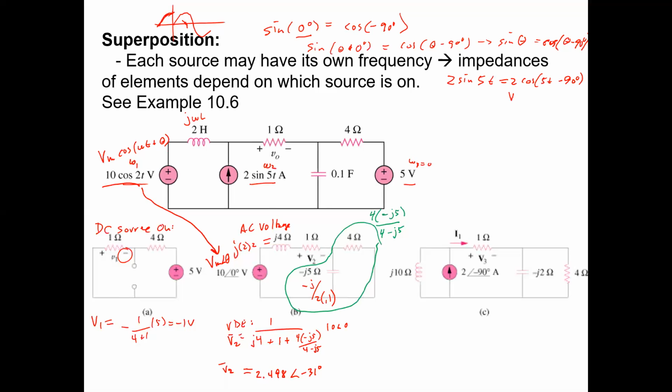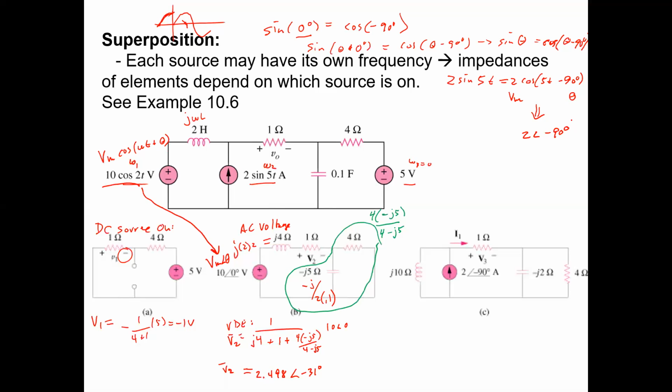And so again, this becomes the Vm, and this becomes the theta. So that means in the phasor domain, that's just 2 angle minus 90 degrees. Okay, that's important.